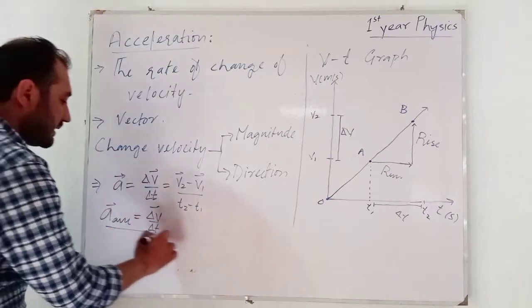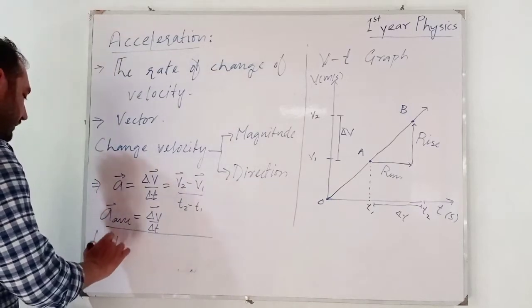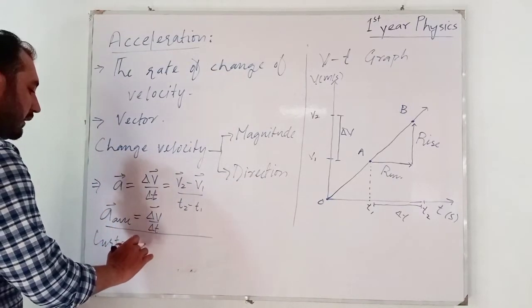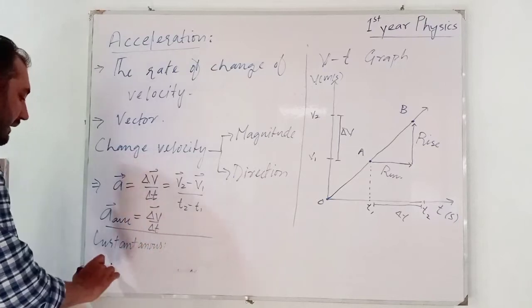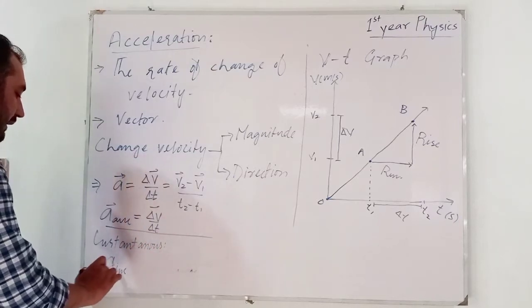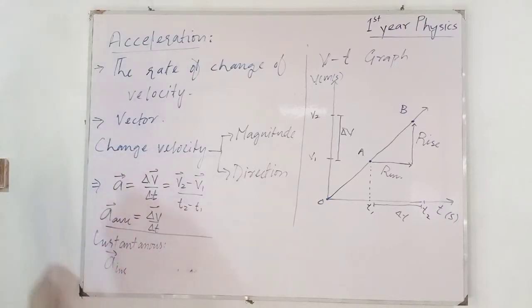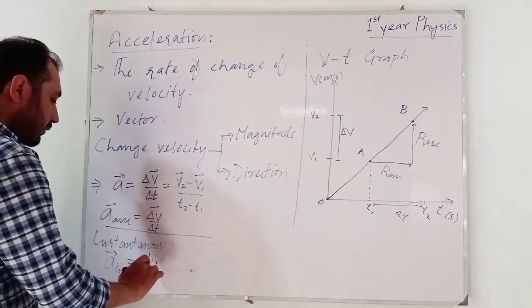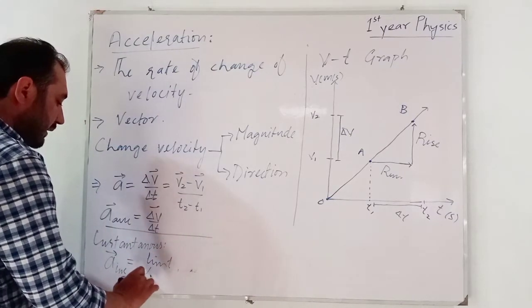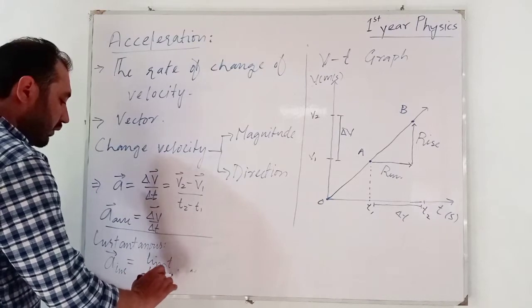Now what about instantaneous? For instantaneous, we have to write a subscript for it, and we have to place the limit: del t approaches 0.